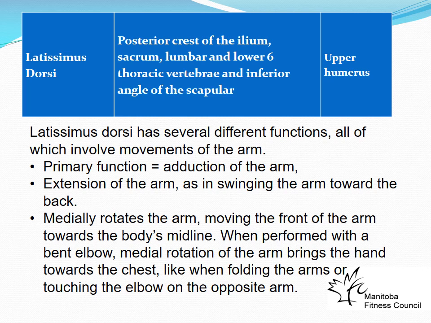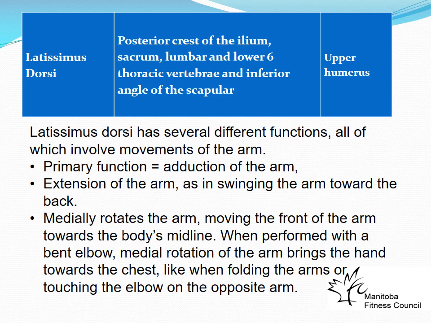If you medially rotate your humerus, that would be rotating so that your hand would come across your body with your elbow out to the side. If you laterally rotate your humerus, that is where you would take your hand out to the side and the elbow on the inside. So the lats will medially rotate. They will extend, adduct, and medially rotate.